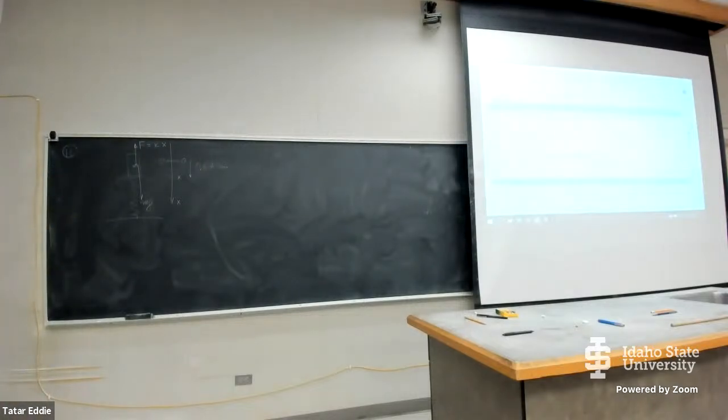This is Hooke's law. This is what the entire chapter 10 is based on, Hooke's law.